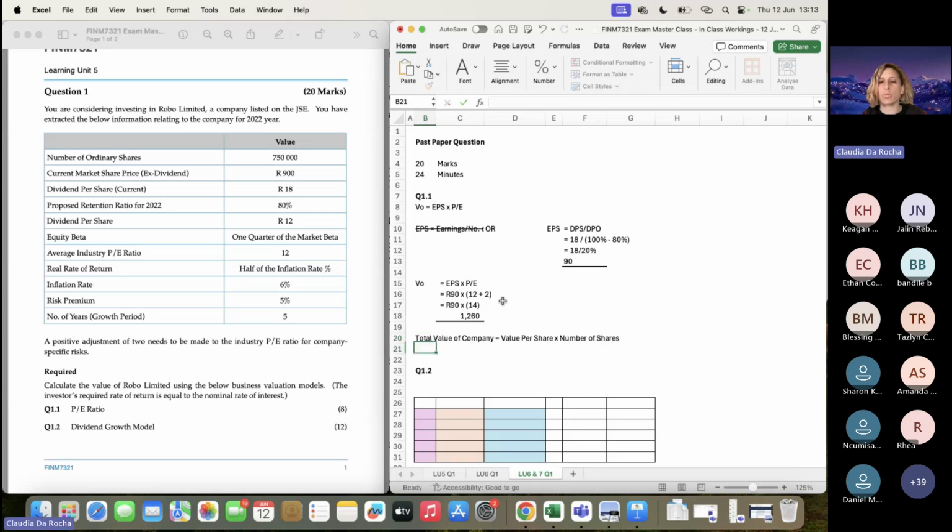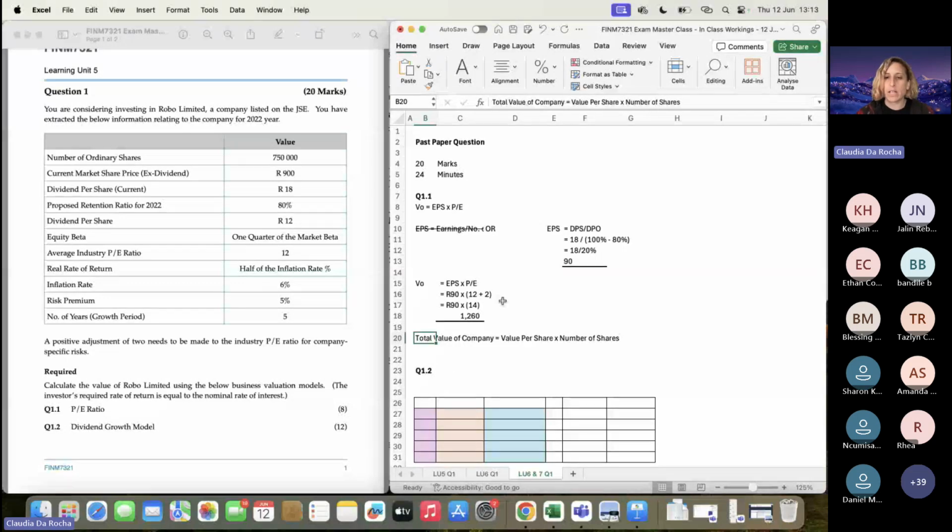Okay, so please, with these kind of questions, when we're dealing with the dividend growth model, it's always about the value per share. It's different if it's free cash flow, but with this one, it is the value per share. So you've got to calculate what the value is for the entire company.